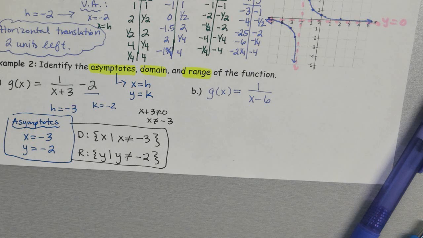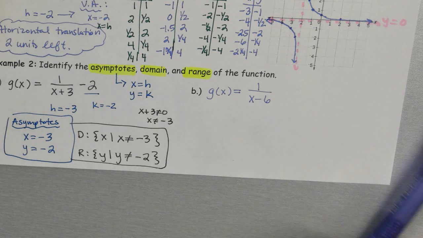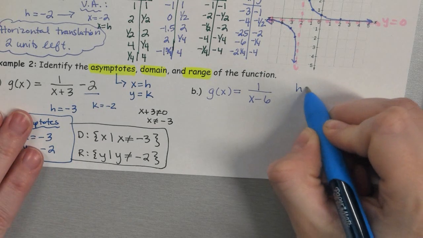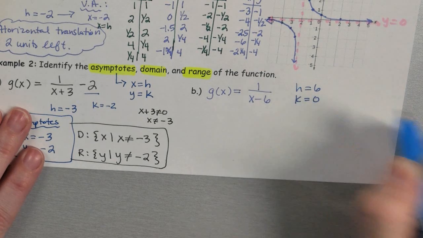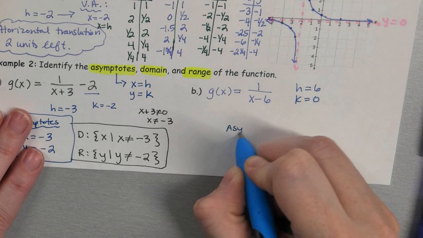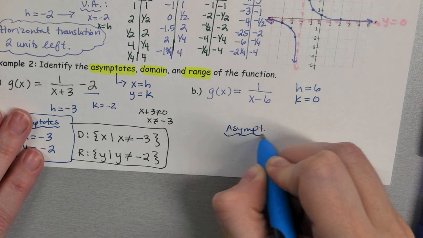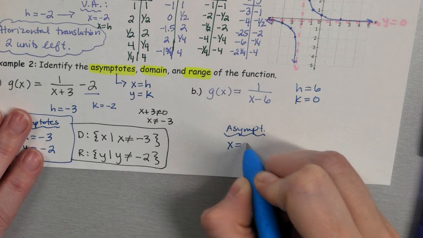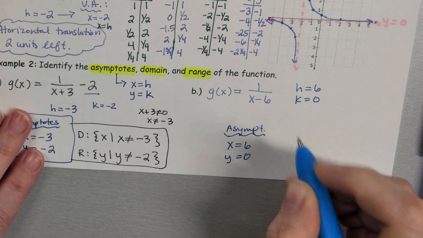All right, let's see how you did. What was your h value? H value for this was 6. Okay, so your h value is 6. What was your k value? 0. Good. So h is 6, k is 0. So from there, you could just do x equals 6, y equals 0.